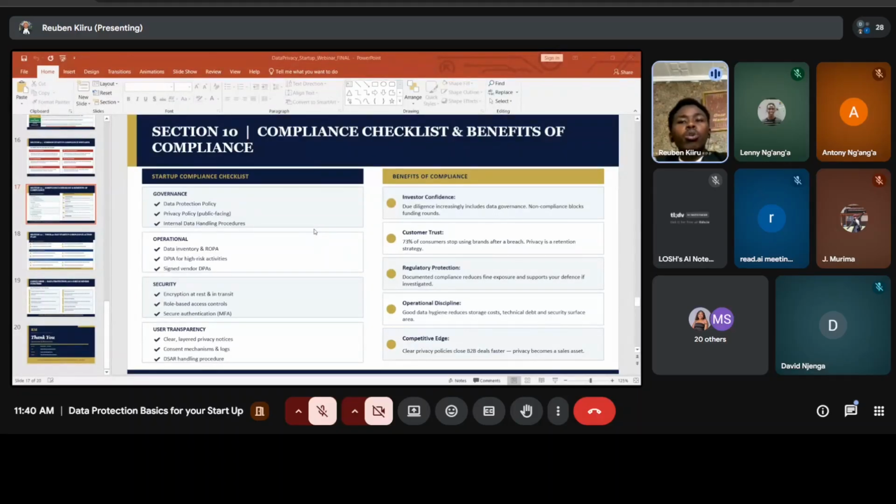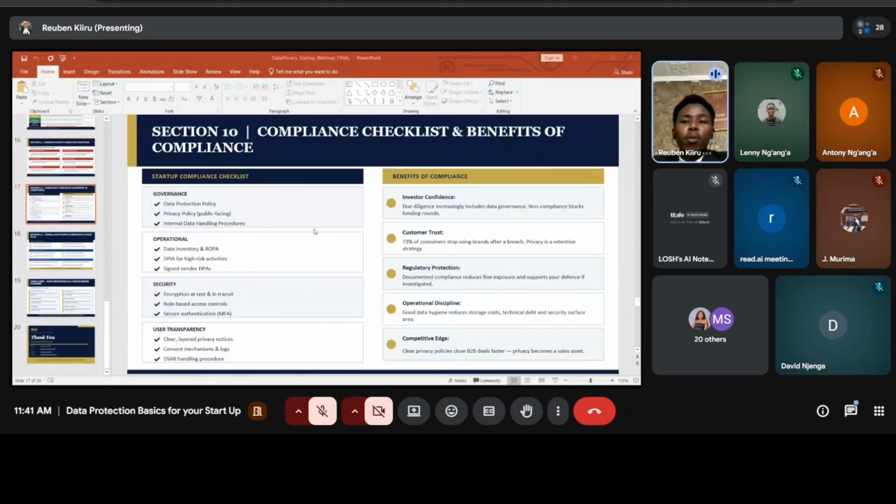Ensure that within your operational structure, you have DPIAs when you're doing projects. You ensure that you have vendors who have agreements with you for data protection. You have an inventory of the data that you're handling. Ensure that even for the people who are getting access to your data, you have RBAC, role-based access control systems. Ensure that you also encrypt the data.